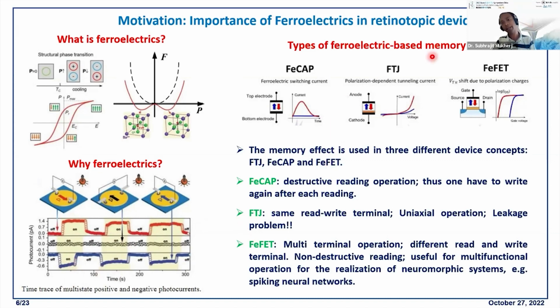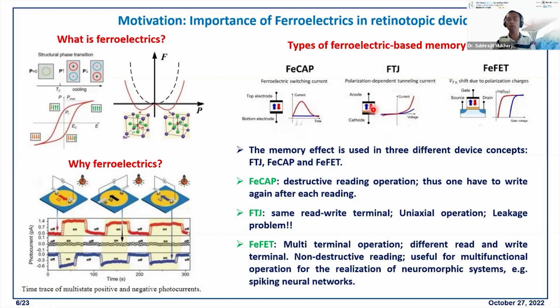These ferroelectric based devices, or memristors, can be categorized in three sections. One is the ferroelectric capacitor. It's basically completely dielectric, and during this capacitive phenomenon you have the memory effect, either upward polarized or downward polarized. Another is the FTJ, the ferroelectric tunnel junction.